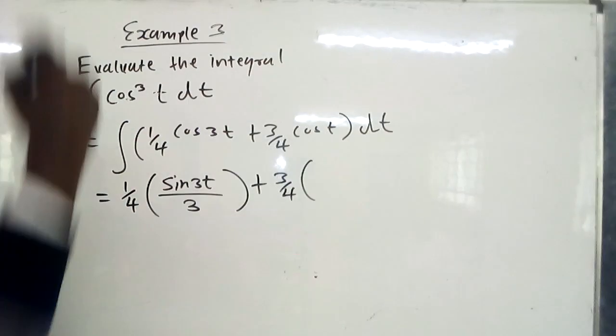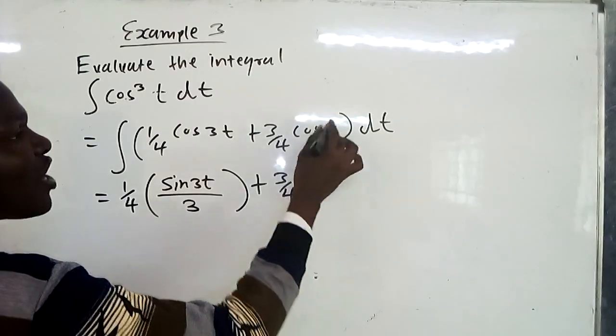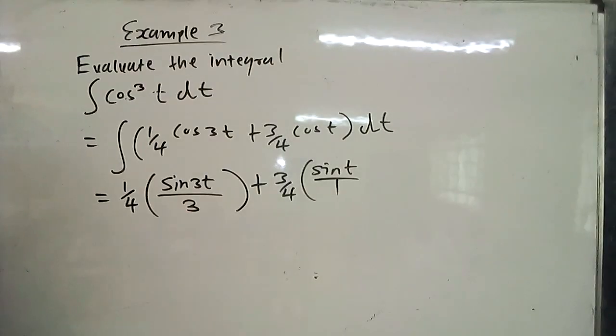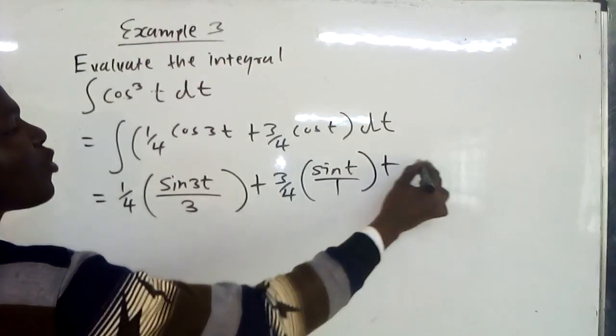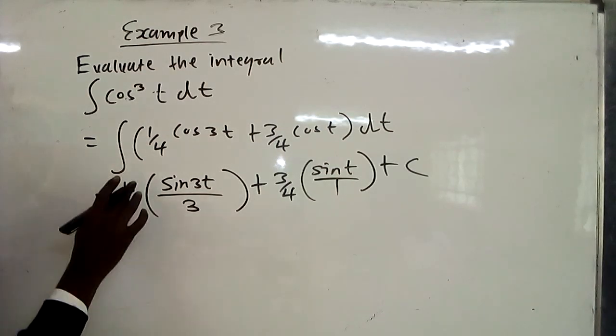If you integrate cos, you get positive sine, so you get sine t, then you divide by the derivative of the inner function, which must be a constant, isn't it? Then at the end of the integration process of an indefinite integral, you add the arbitrary integration constant. So from there you can only simplify and you are done with the entire integration process.